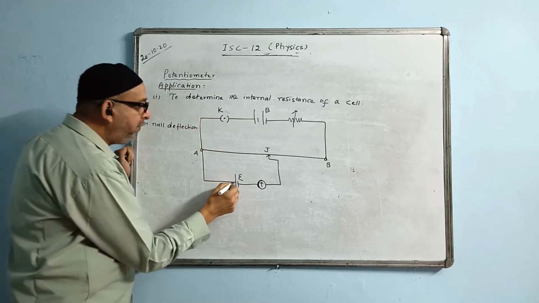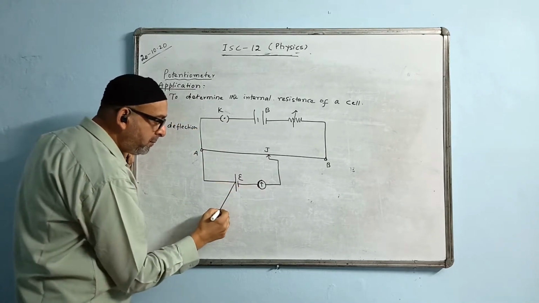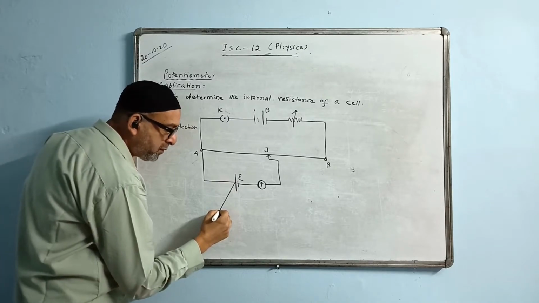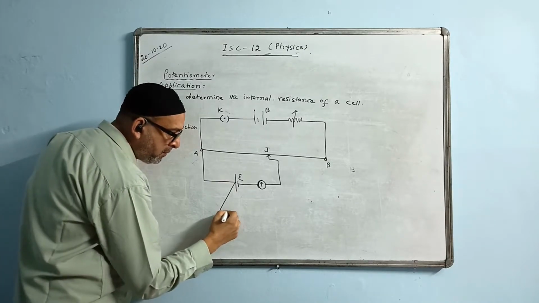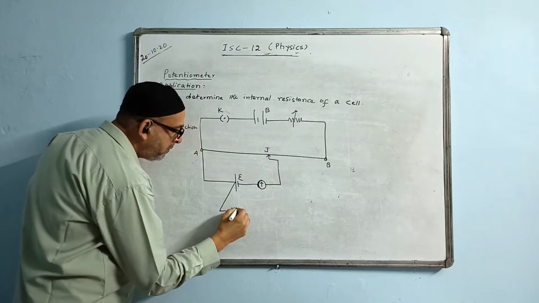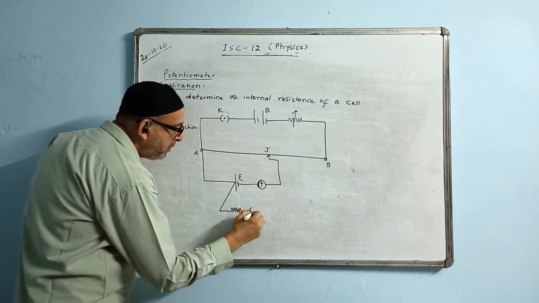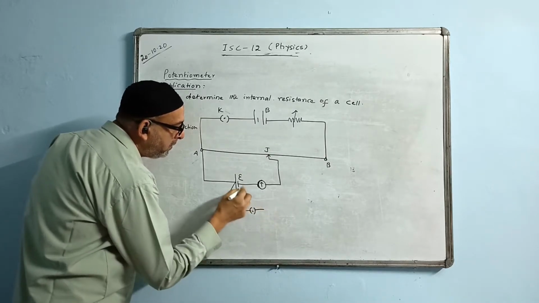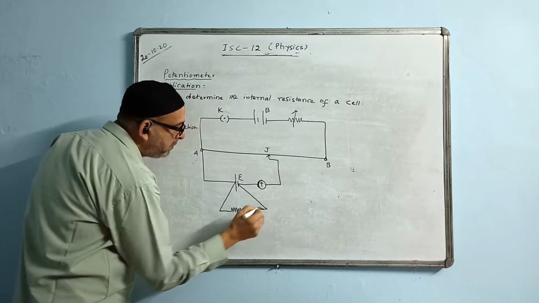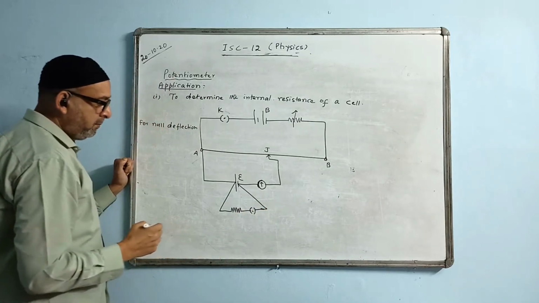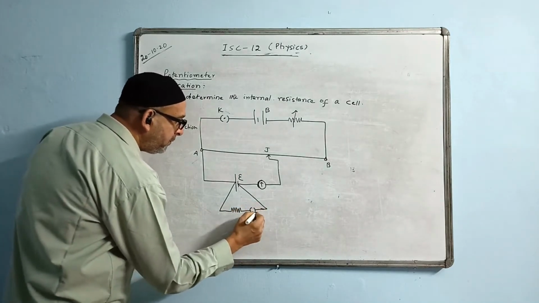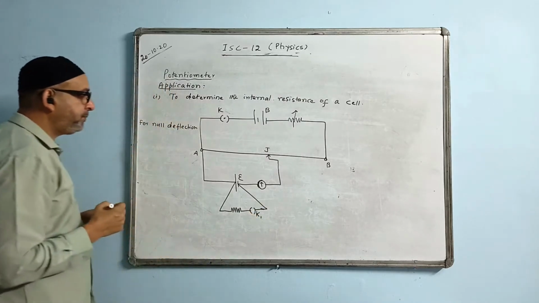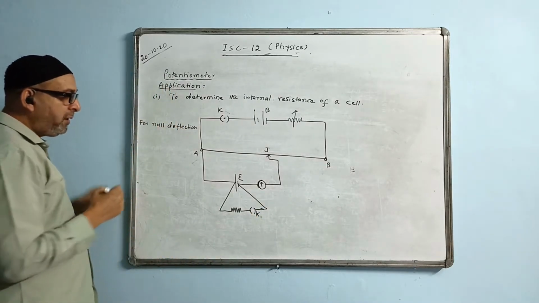Now here only we will be having a resistance with the key like this. This is K1.